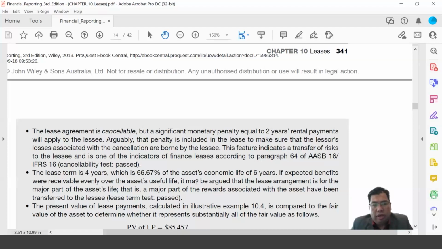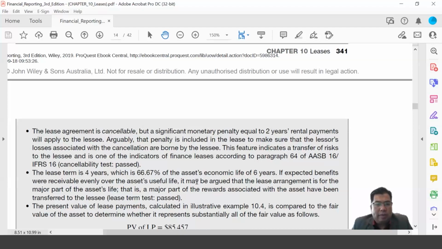The lease is 4 years, which is 66.67% of the asset's economic useful life. The question states that the asset's useful life is 6 years. You lease for 4 years, that is 2/3 of the asset's useful life.